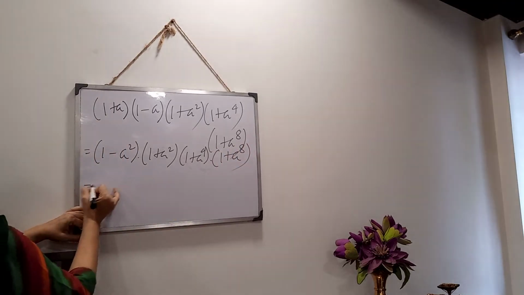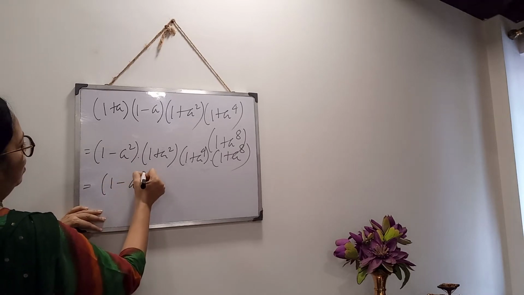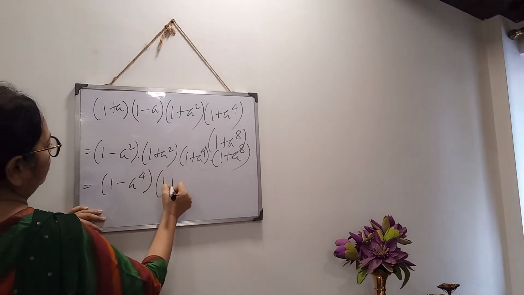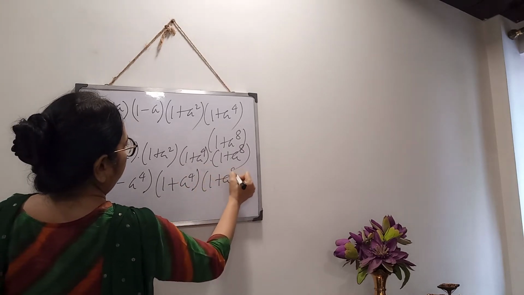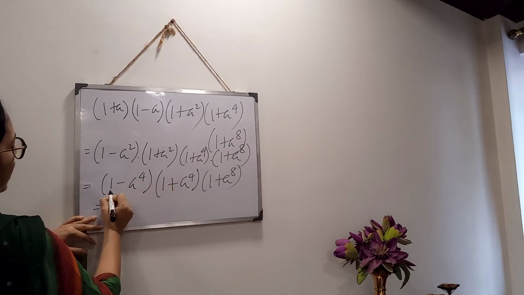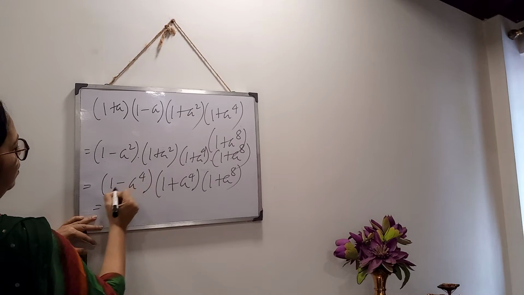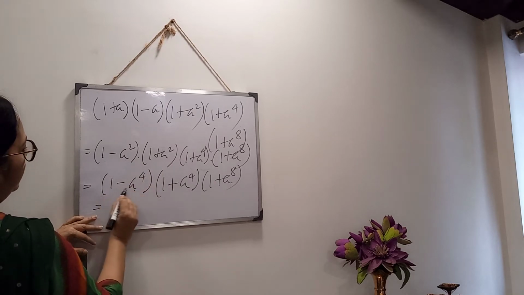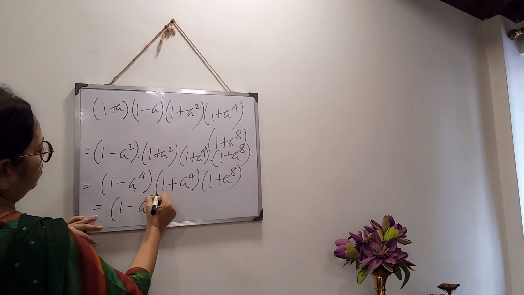Next, again a square minus b square form. So it is becoming this. Again a square minus b square, a minus b into a plus b. Here also a minus b, a plus b, a square minus b square. There a minus b into a plus b. So a square minus b square.